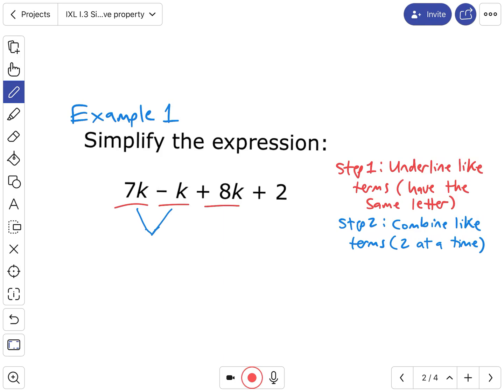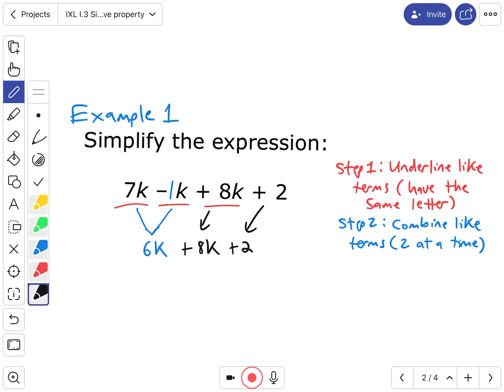And notice that this k does not have a number in front, but anytime you need a number, you could put a 1. So 7 minus 1 is going to be 6k. So make sure the variable goes there. And then we're going to basically recopy each of these unused terms here.